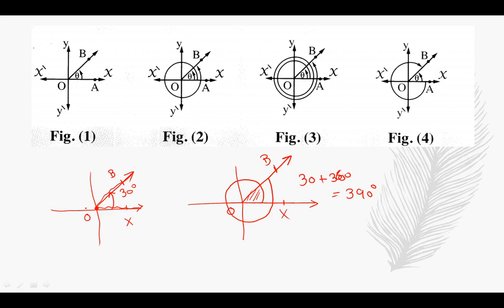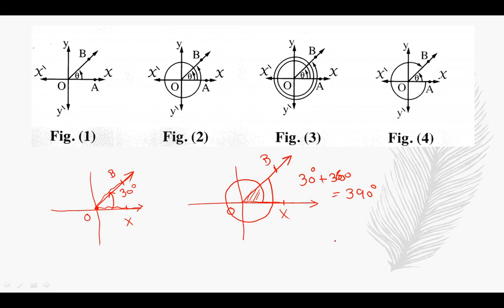Because they have the same initial side, OX, and the same terminal side, OB. But the difference is that the first one is 30 and the second angle is 30 plus one turn, which equals 360. So it will be 390.